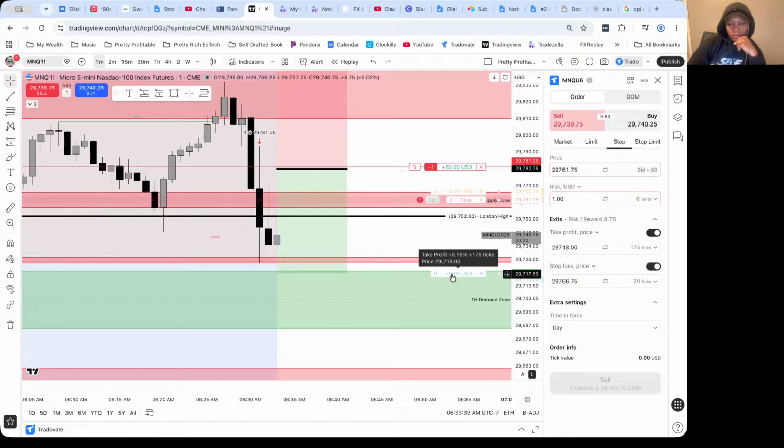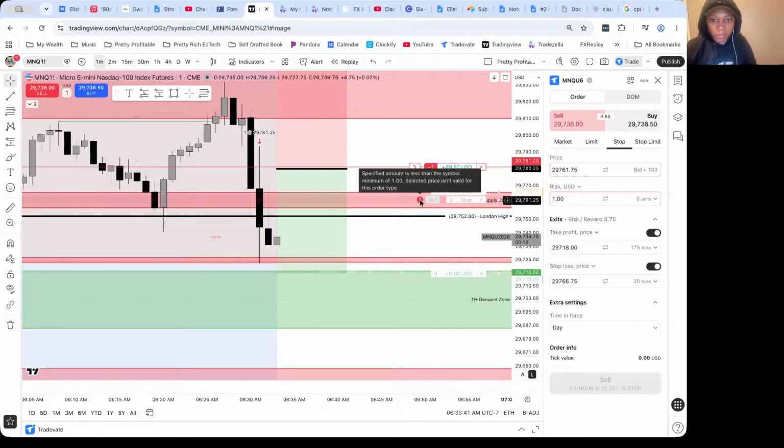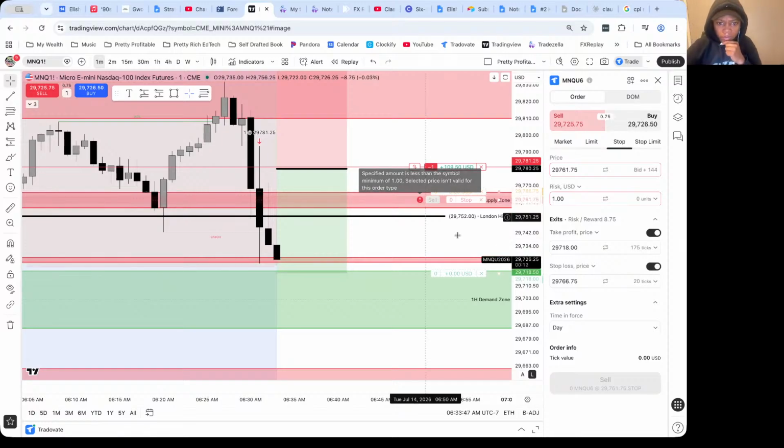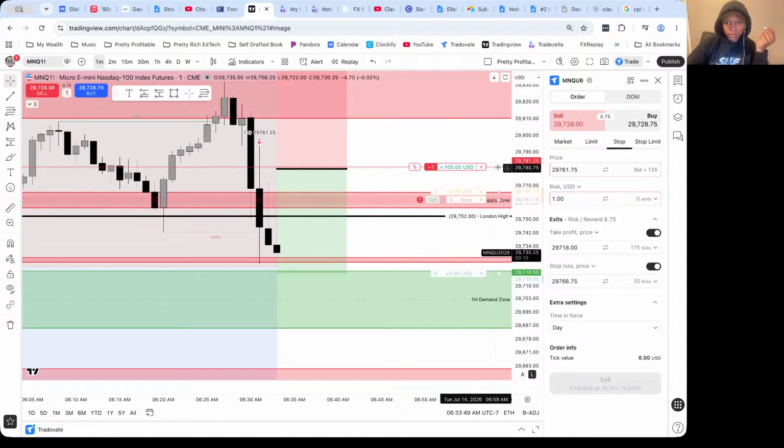So I'm gonna take profit. Specified amount is less than the symbol. That's what I'm saying. So we're almost here.